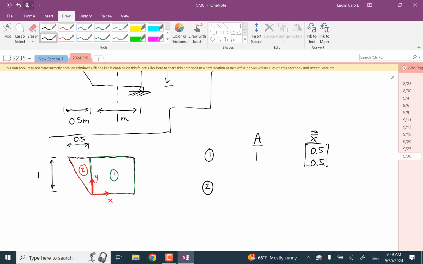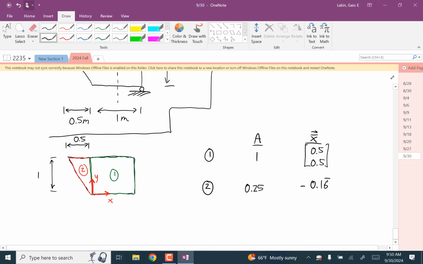That area is 1 times 0.5 divided by 2, so 0.25. The X centroid is negative, because we're on the negative side of the origin in the X direction. 0.5 over 3 is 0.16 repeating.